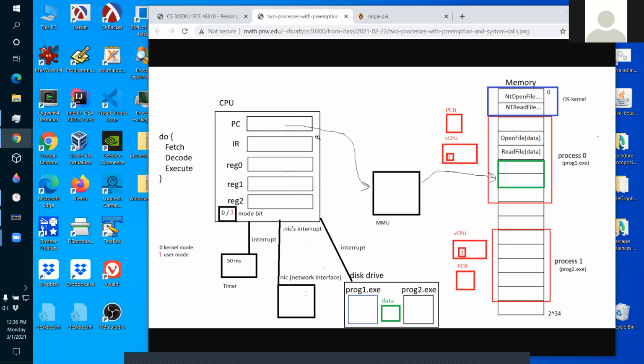Remember, the process control block is a mirror image of the CPU registers. When the timer interrupt fires and it's time to switch, you enter the operating system. The operating system copies all these registers into the process control block, then chooses who to run.